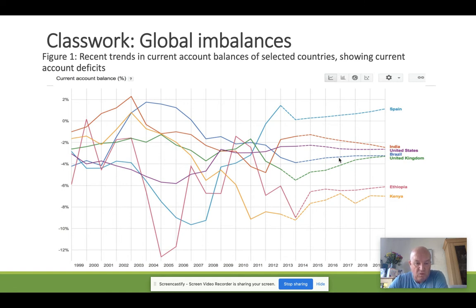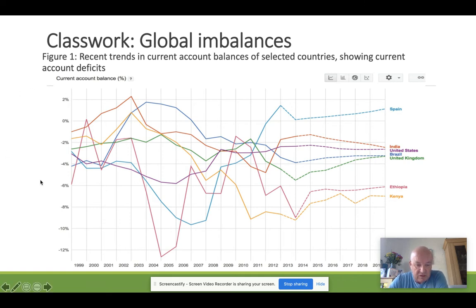Now what we'd like you to do is see if you can spot any particular trend or change. Where we're talking about a current account balance, we've got 0%, which means the balance of payments is in balance, so all of the transactions that are happening are equal.